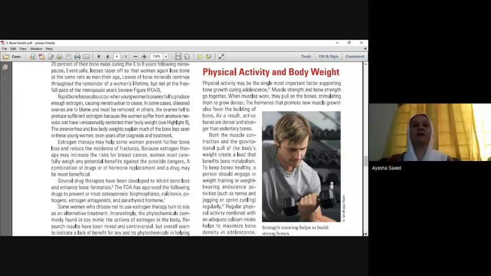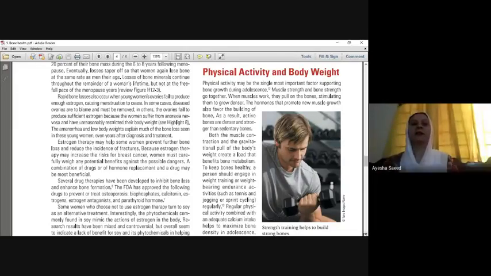So this can happen in women who are underweight and who have anorexia and who are not consuming an ample amount of food and they have a very low body weight. The amenorrhea and low body weights. Amenorrhea means absence of menstruation, and low body weight explains much of the bone loss seen in these young women, even years after diagnosis and treatment.